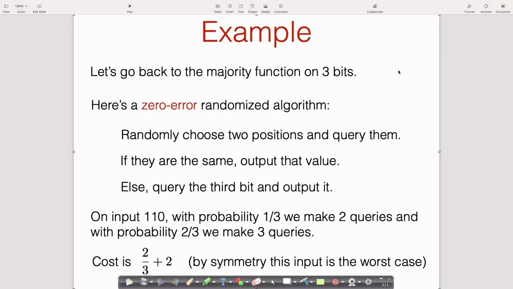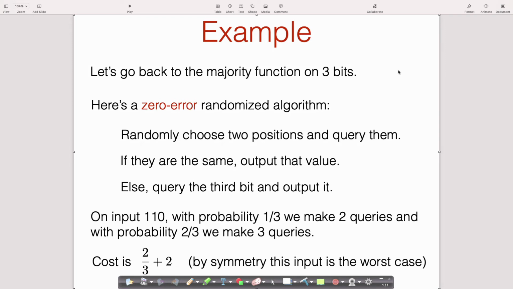To see an example of a randomized query algorithm, let's go back to this majority function on 3 bits. And here's actually a zero error randomized algorithm. We just randomly choose 2 positions of the input and query them. If they're the same value, then we just output that value.